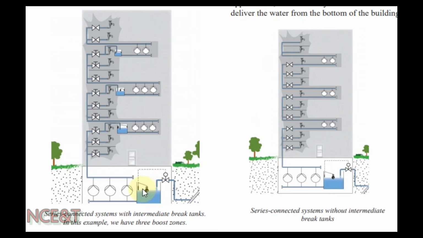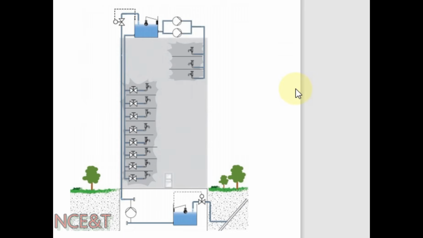Sometimes we use a series connected system with intermediate break tanks to supply the water for different zones, and sometimes we use a series connected system without intermediate break tanks. Sometimes we use an overhead water tank.